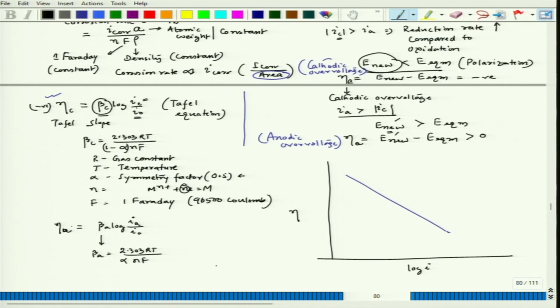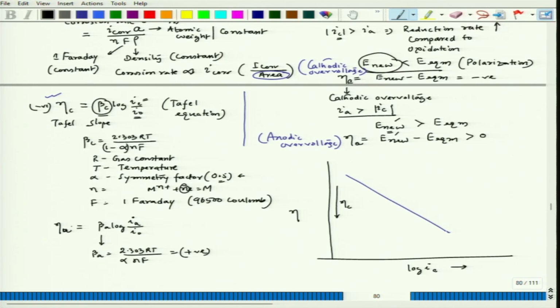Only thing is that if this particular thing changes, then there will be variation, otherwise not. Now, this is beta slope and this is positive, because whenever I am sending anodic current, then the potential is going up. You could see that as the current density, if I consider to be C, is increasing, the potential is dropping, potential is dropping.